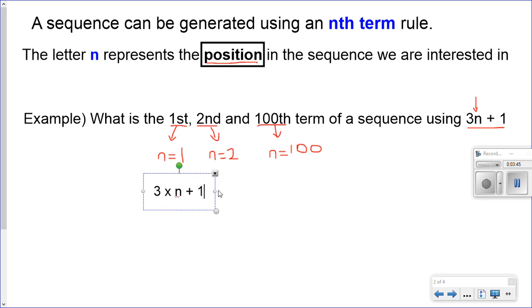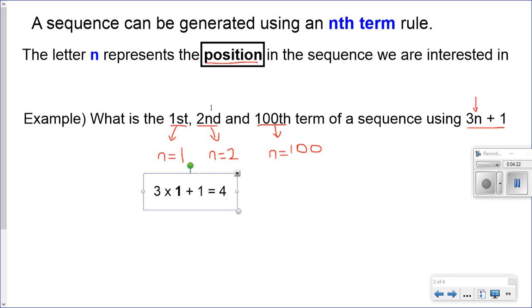And then we've got a plus 1 at the end. But remember what we just said. So 3 times n plus 1, we're replacing n with the number 1 for our first term. So I'm going to delete n and replace it with 1. And then we can work out our answer. So 3 times 1 plus 1 gives us an answer of 4, which means that 4 is the number of our first term.